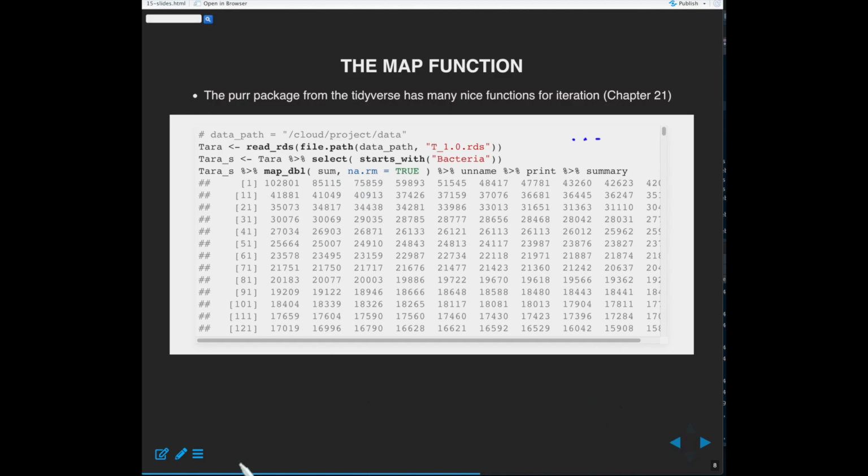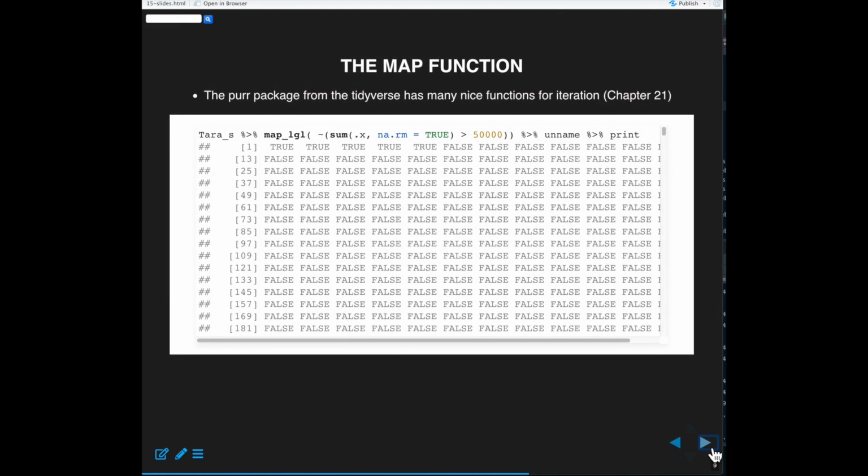Here's another example using a map logical. It's quite simple, but I pipe my tara small into the map logical function. And this kind of strange notation, this formula notation again, just think of it as a function, okay? My function here is that I sum up each column of tara.